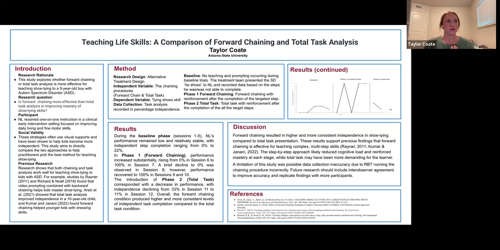So I changed the project based on the data and the completion he was able to do in baseline. Now going into phase one, his performance did increase dramatically, from 0% in session six all the way up to 100% in session seven. There was a brief decline in session eight.